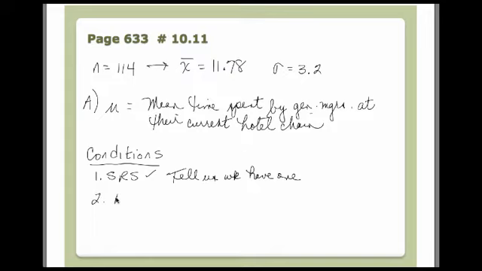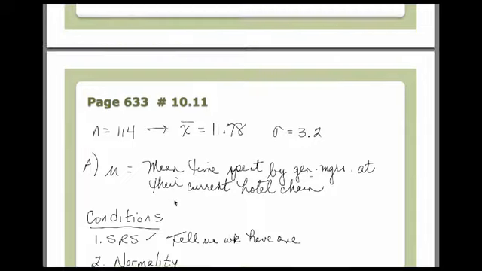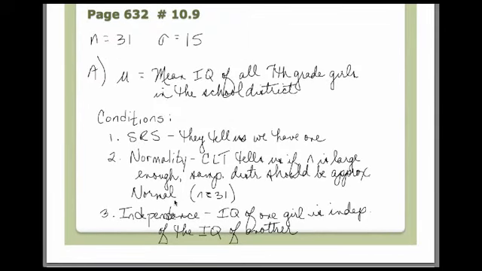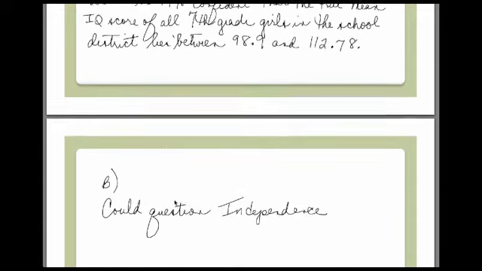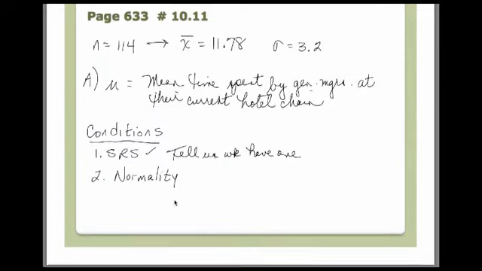The second thing, normality. Do they tell us anything about it being normally distributed? Nope, so that's out. But if we use the fact that, like we did in the last one, if N is large enough, the sampling distribution should be approximately normal. N is 114, so I think we're good.